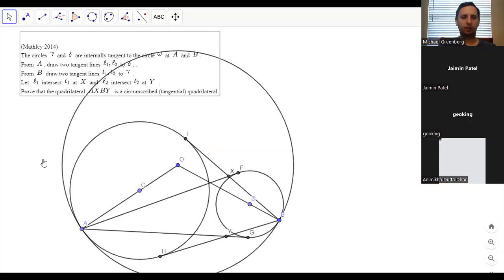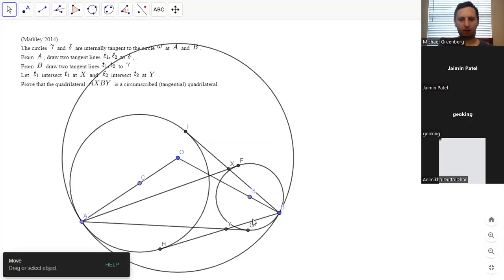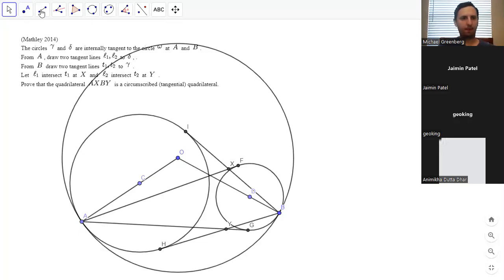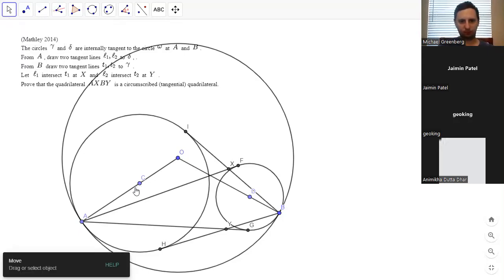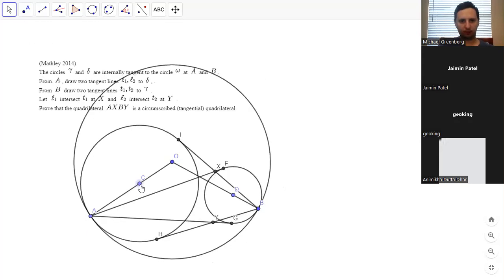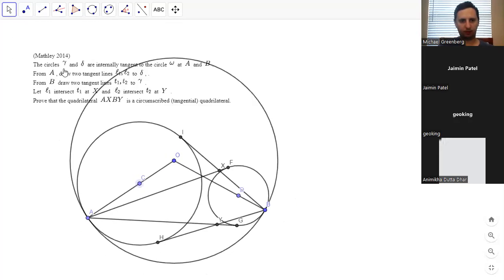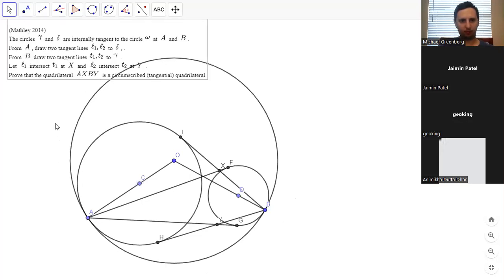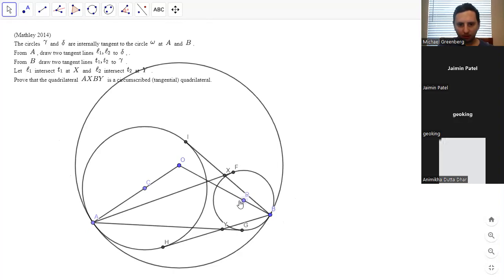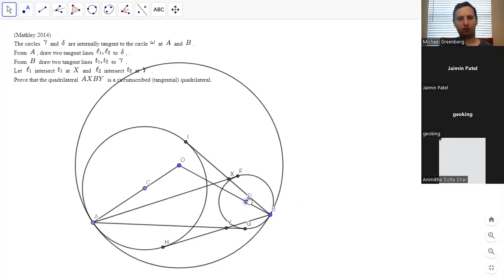So maybe we could show it by Pitot's theorem. Shrink the diagram just a little bit and move some things around. So maybe we could show AX plus BY is AY plus BX.